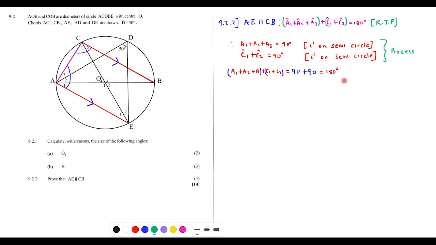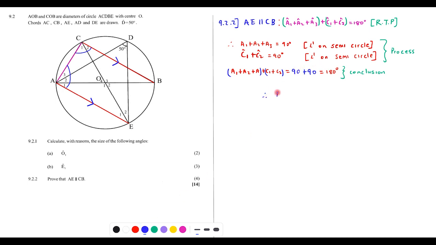When you write the conclusion that we're getting 180, you don't have to say this plus this is 180. No. We need to show that the first one is 90 and the second one is 90. Both combined give you 180. Then that's when you conclude that AE is parallel to CB.